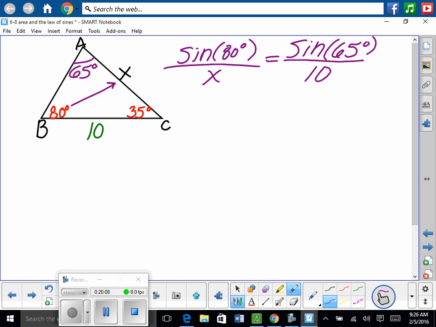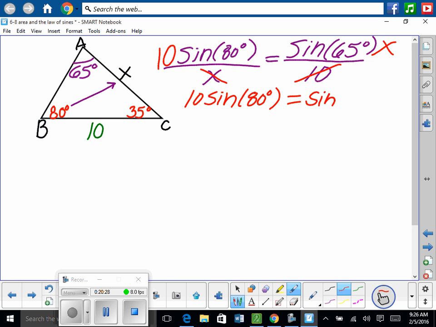Questions on how I set it up? Okay, so we'll cross multiply. I'm going to multiply both sides by x, but it divides out on this side. I'm going to multiply both sides by 10, but the 10s divide out over here. So we have 10 sine of 80 degrees is equal to sine of 65 degrees times x.